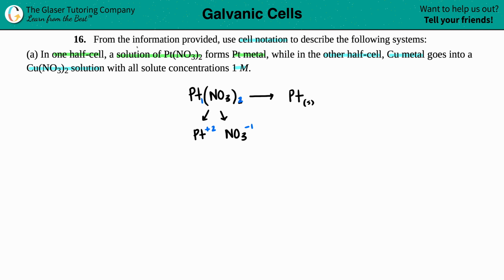Now they did say that this was in a solution. And if you are in a solution, you're going to be in aqueous state in water. So if this is aqueous, that means that both of these are aqueous. And now we see that we have a platinum that is aqueous with a charge going into platinum that's a solid.